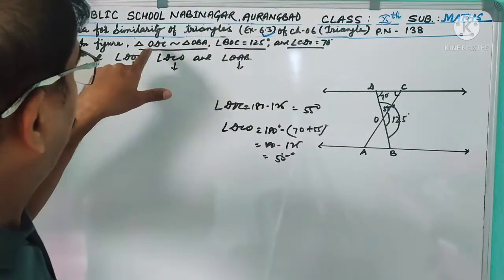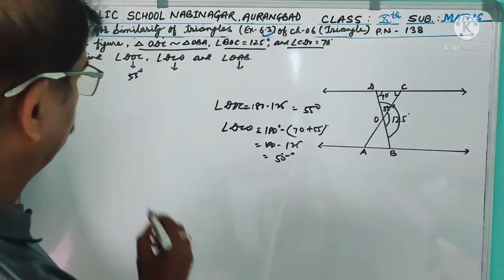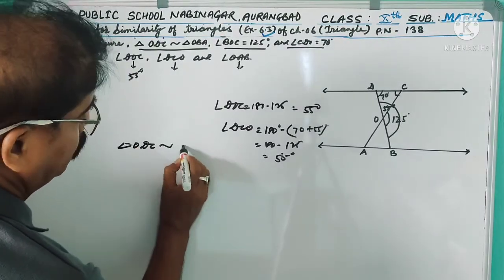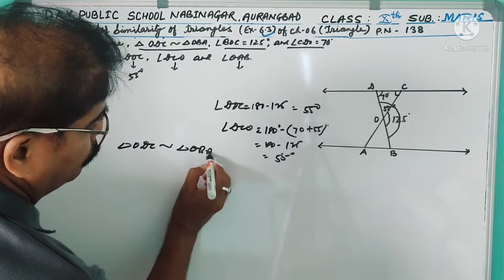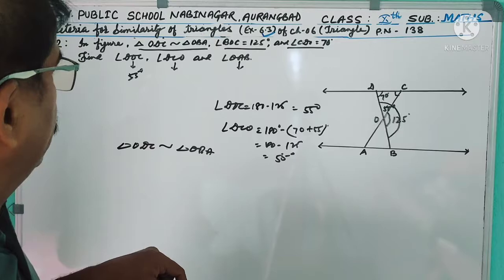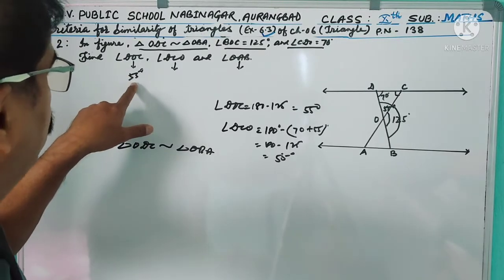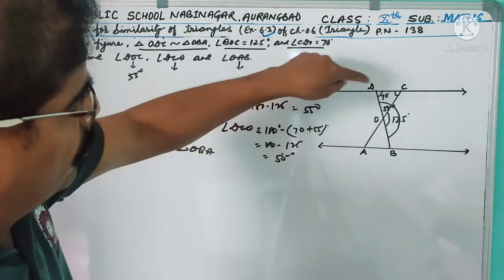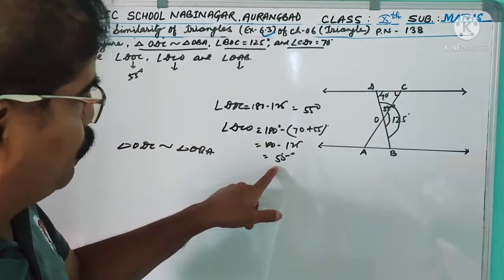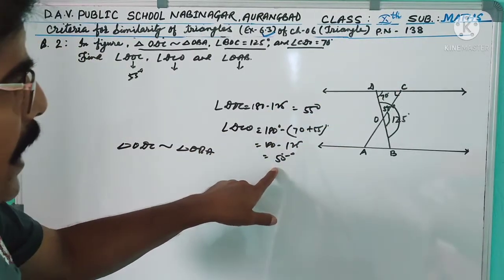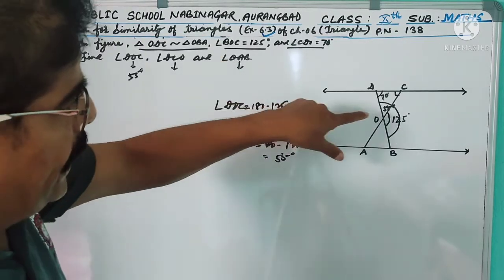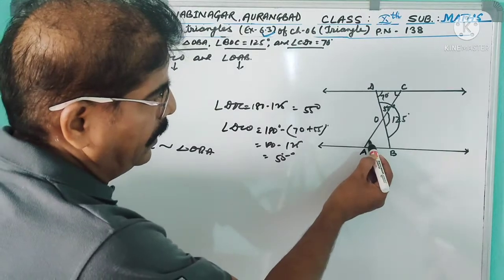But it is given that triangle ODC is similar to triangle OBA. So all corresponding angles are equal. So DOC equal to 55 degrees and DCO equal to also 55 degrees, and OAB, this angle.